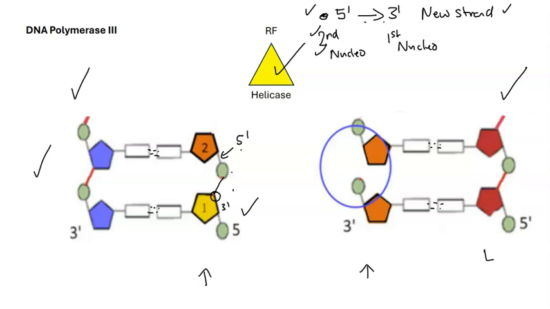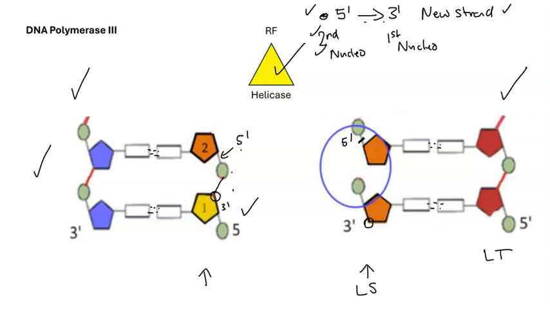So the lagging strand template is here, the lagging strand is here. Let's identify the 3' on the lagging strand. This is here. And the 5' on the second nucleotide is all the way up here.